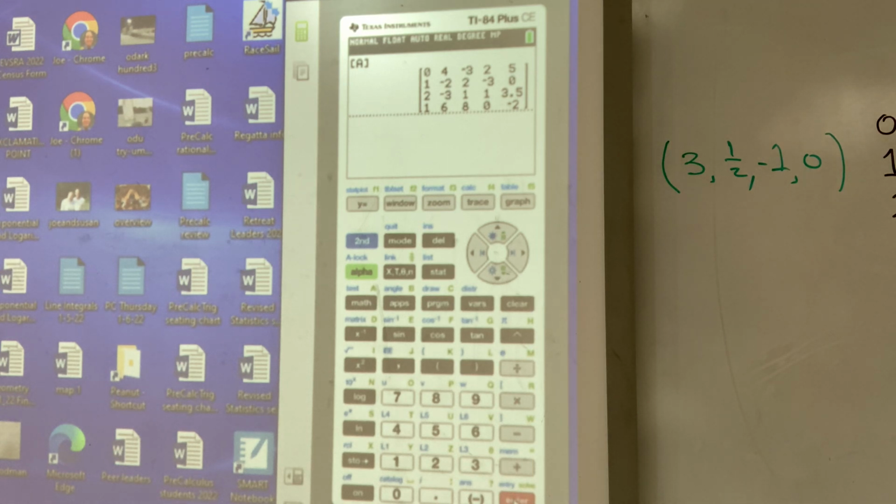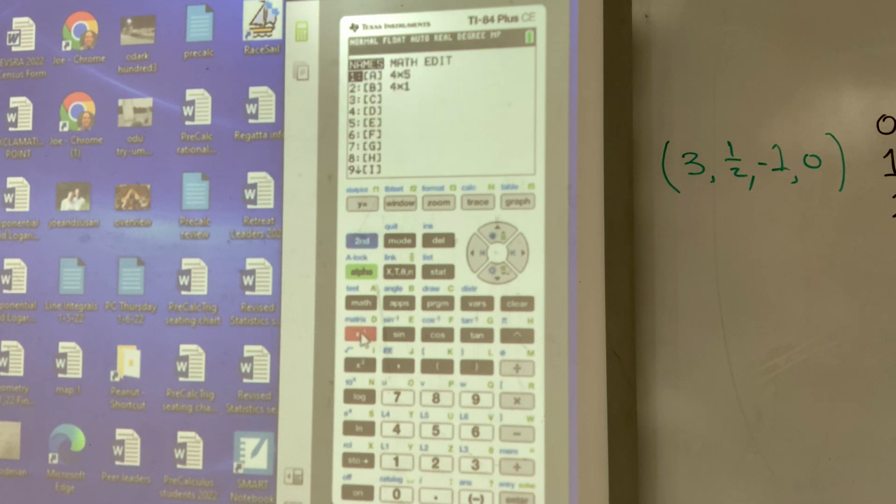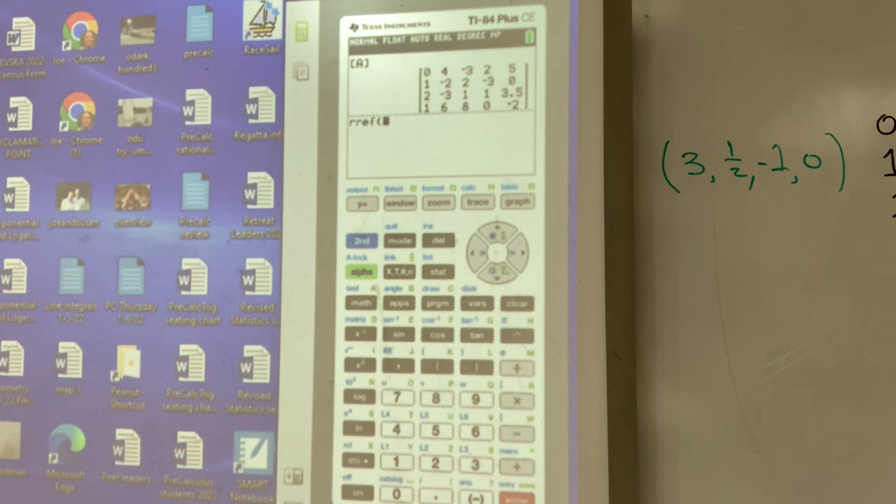And then to solve this using the matrix approach on the calculator, jump into matrix, math. I'm going to go down to reduced row echelon form, right there. And so we throw matrix A in again.